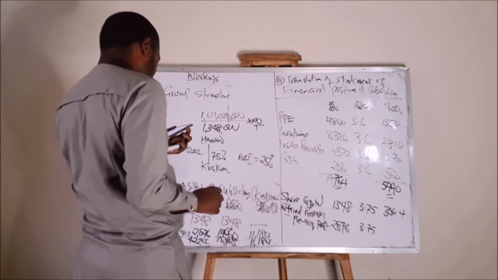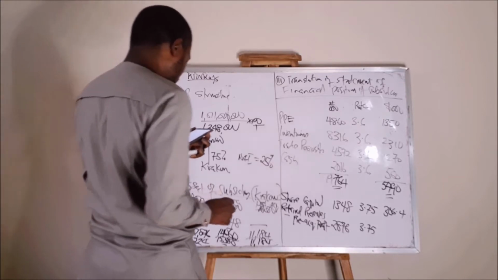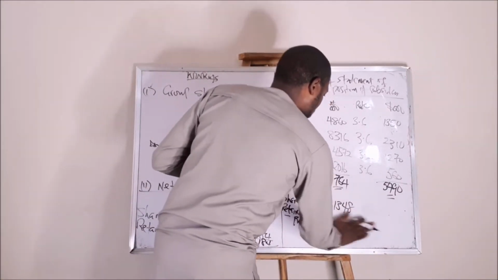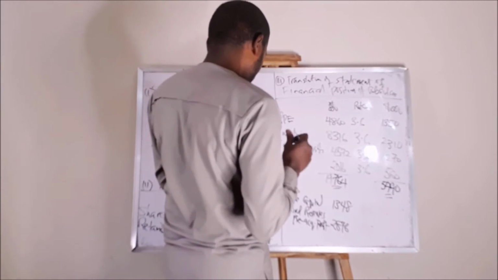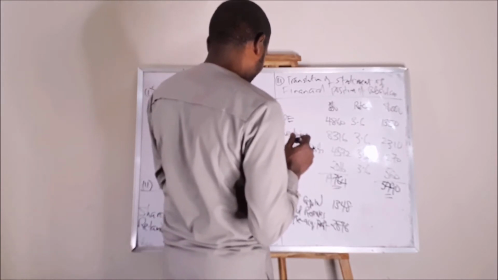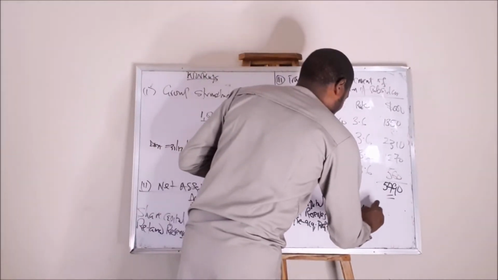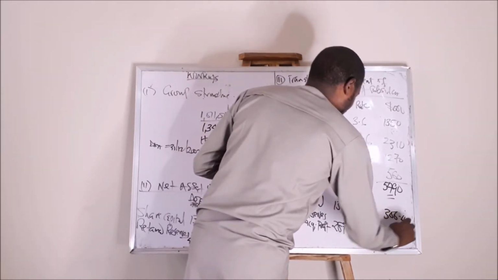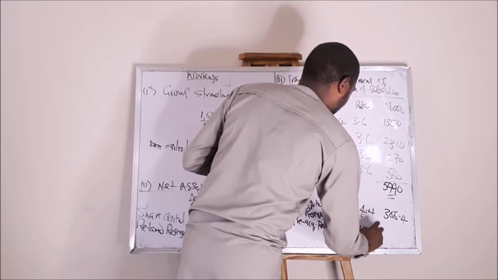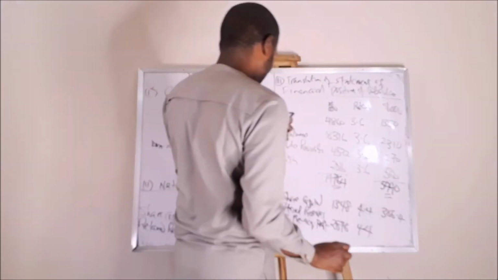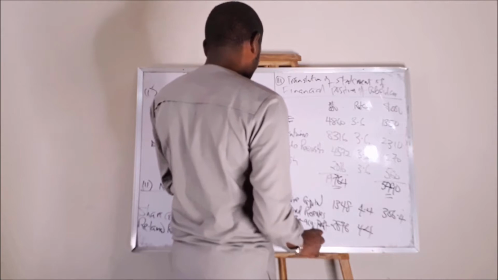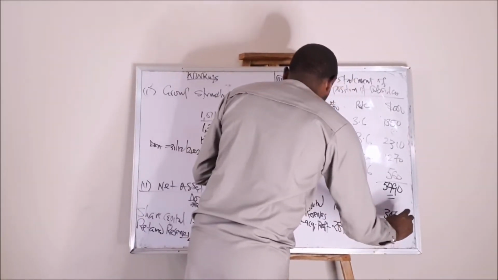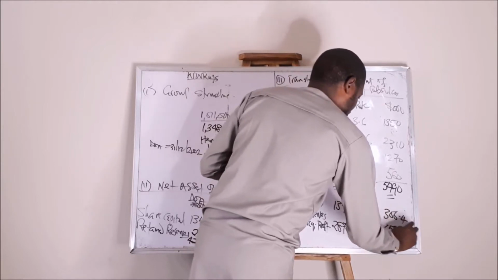The rate as at the date the subsidiary was acquired is actually 4.4. So 306.4 at 4.4 will give you 653.6.